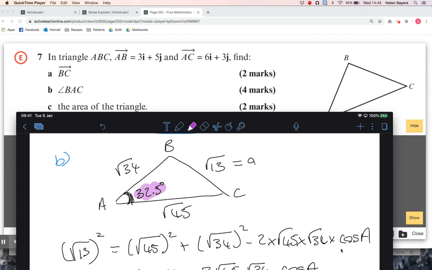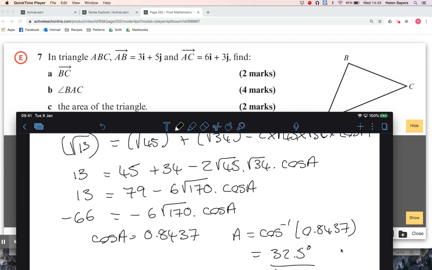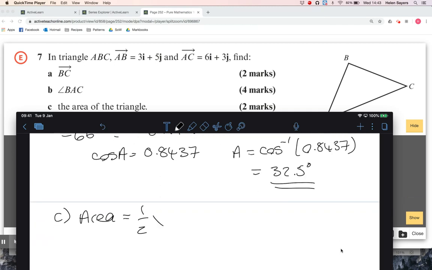But area of a triangle is half a b sine C, so half of the product of 2 sides times sine of the angle between them. So we'll try and remember those 3 values. I think I've forgotten them already. So area, sorry, you can't see that. Area is half times a times b times sine C.